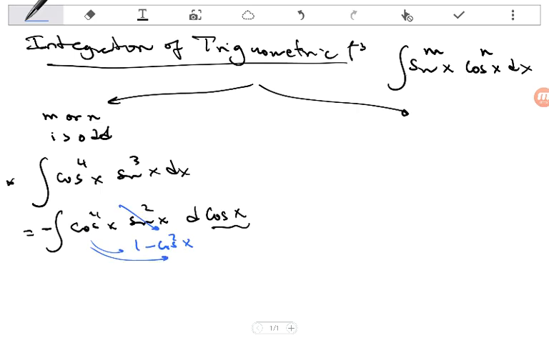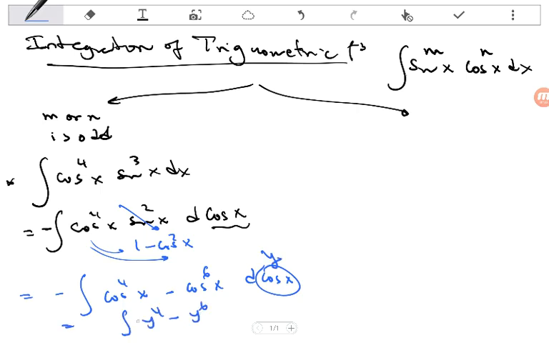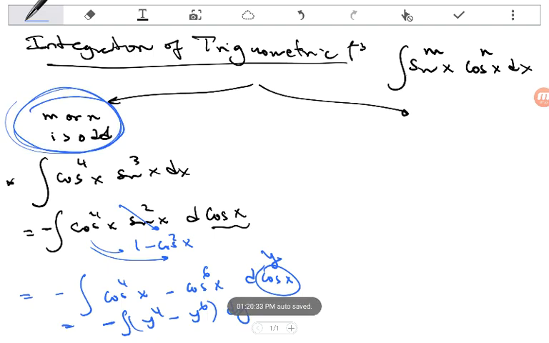So this will be minus integration of cosine power 4x minus cosine power 6x d cosine x. If I call this y, the integral will be y power 4 minus y power 6 dy, which is a solvable integral.